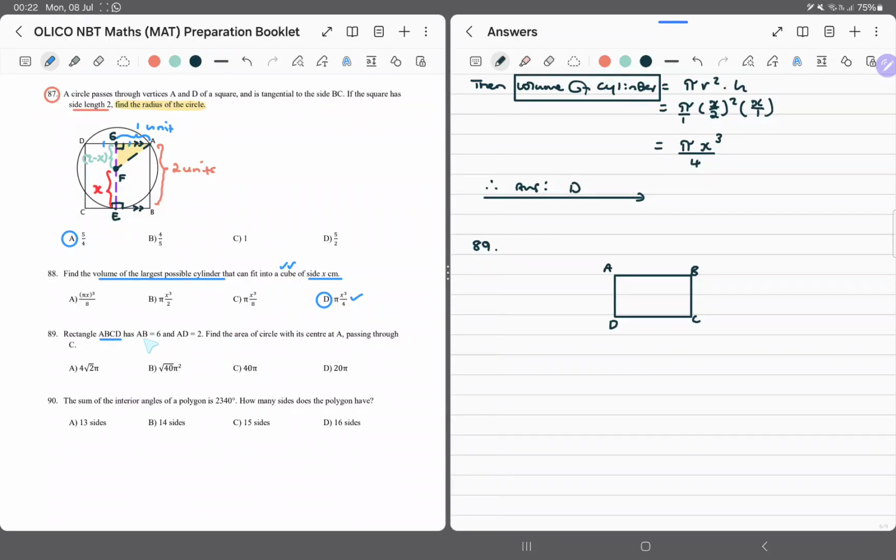Okay, has AB 6 units and AD, so this is 6, this is 2 units, okay? Then we need to find the area of the circle with the center at A, passing through C, okay.